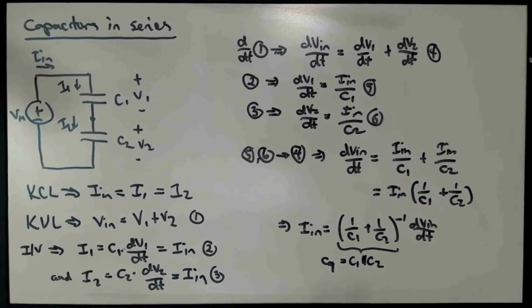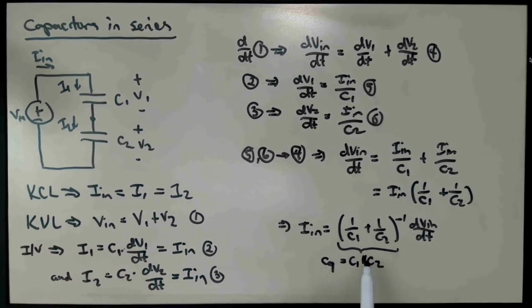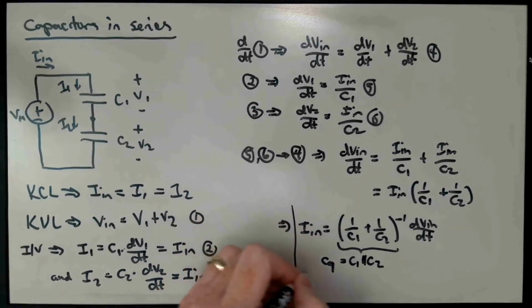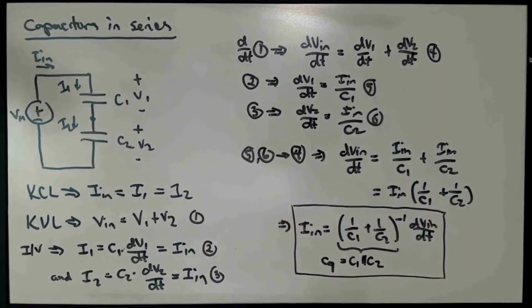Moreover, this equation relating In and Vn is just the governing equation for the current-voltage behavior of a capacitor. So what we've shown here is that two capacitors connected in series behave as a single capacitor whose value is basically the parallel combination of the two capacitances. So capacitors in series combine with a parallel operator.